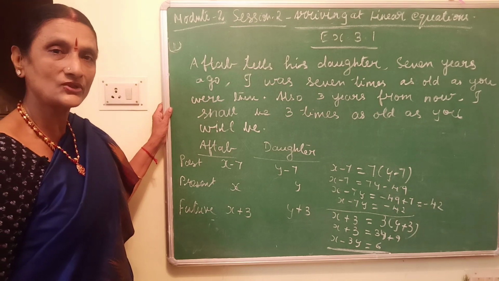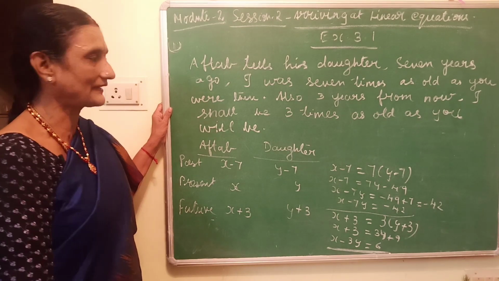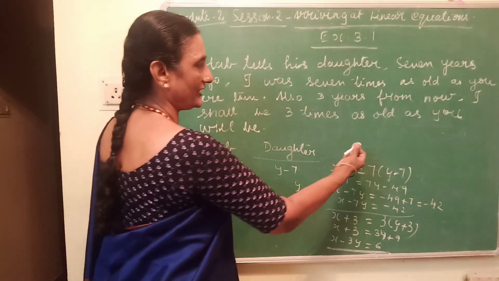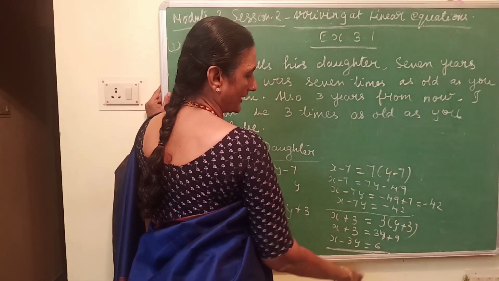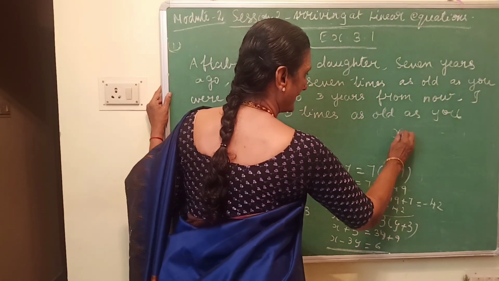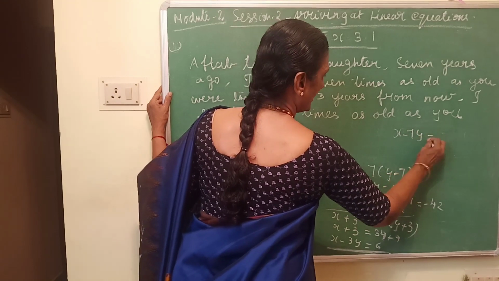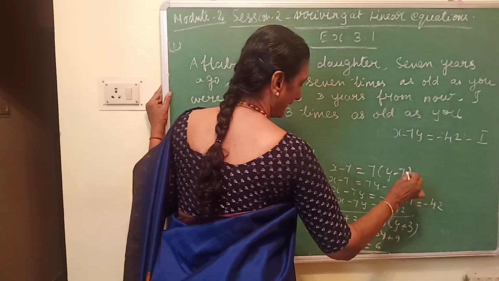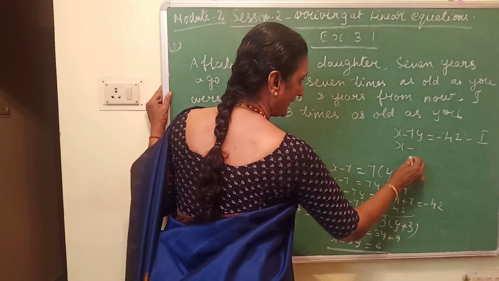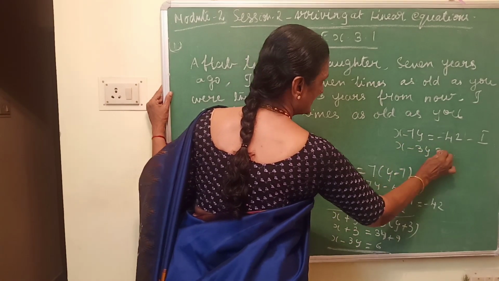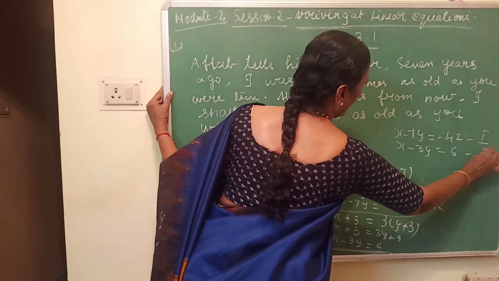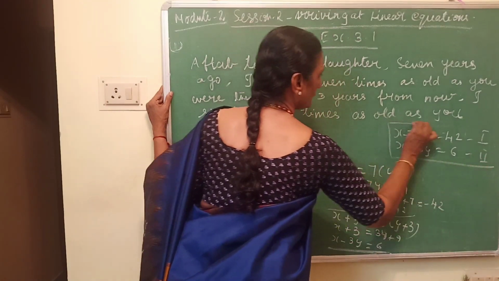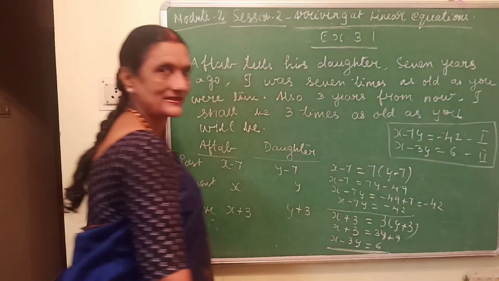So in order to have more clarity, I will write the equations here, which you can also take down. X minus 7Y is equal to minus 42 is equation 1, and X minus 3Y is equal to 6 is equation 2. So these are your final equations.